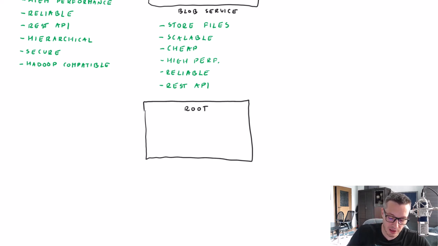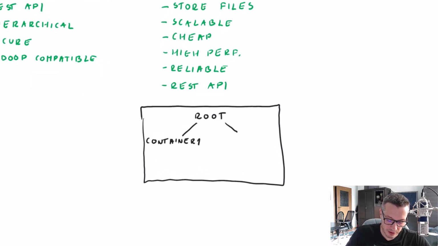Then I would like to have two directories, two folders. Let me call them container1 and container2. A container, in the context of Blob service, is just this top level folder. So simply, containers are just folders.